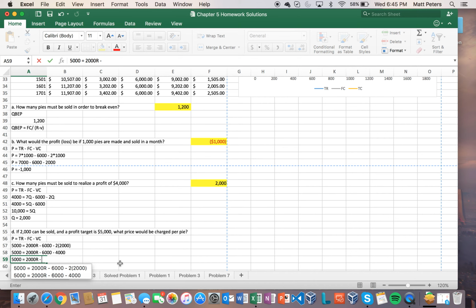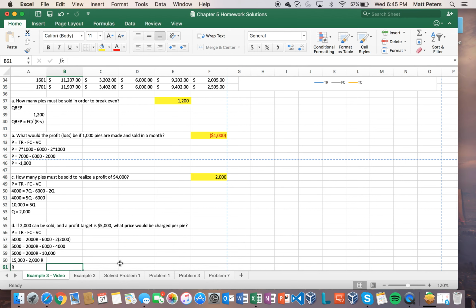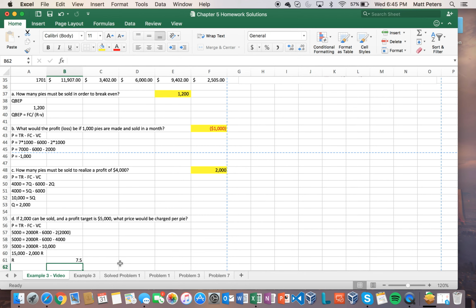I'm sorry, negative 6,000 minus 4,000 is 10,000. Then we want to add 10,000 to both sides. So 15,000 equals 2,000R. So R is then equal to 15,000 divided by 2,000. So R is $7.50. So we know that if we are going to sell 2,000 and we want a profit target of $5,000, we're going to have to charge $7.50 per pie.